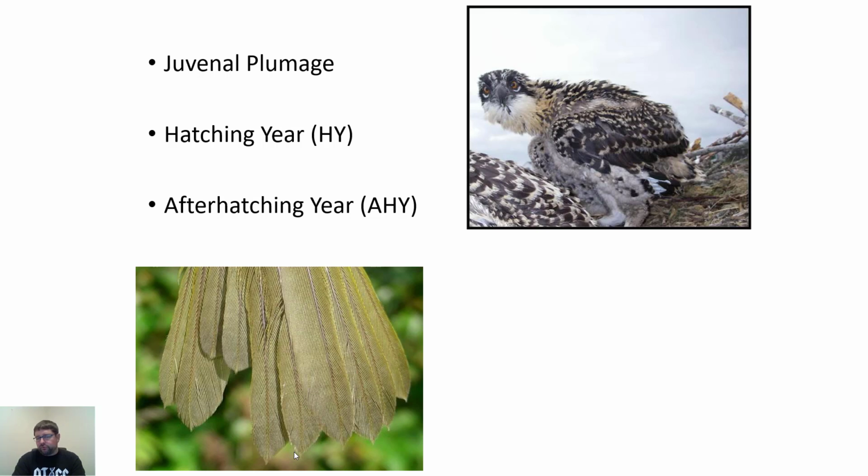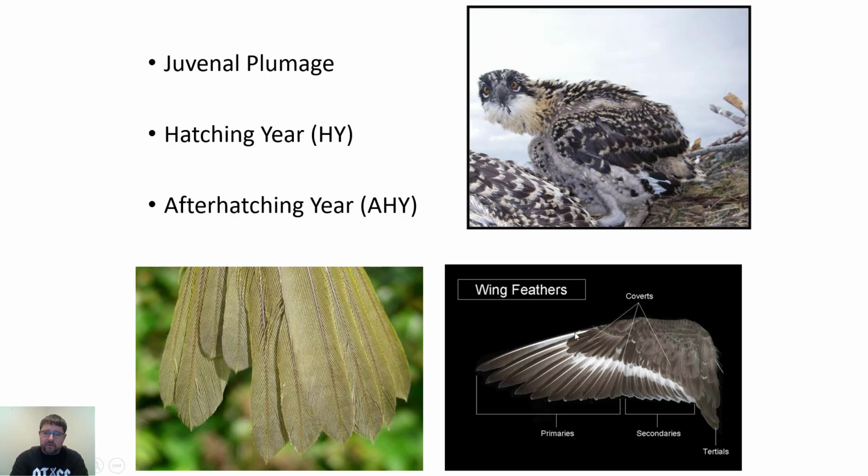And to distinguish that it's not a juvenile, so it's not in juvenile plumage and it's not in the hatching year, we would note either via feathers or other ways, like it's sitting on eggs or something like that, that this is after hatch year, or AHY.